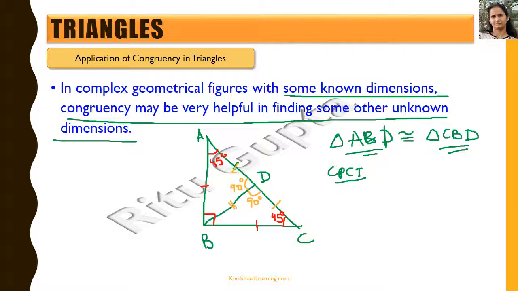So now just by knowing that this line divides the figure into two congruent triangles, we knew all the angles of these triangles. So this is how congruency of triangles is applied to complex geometrical figures.